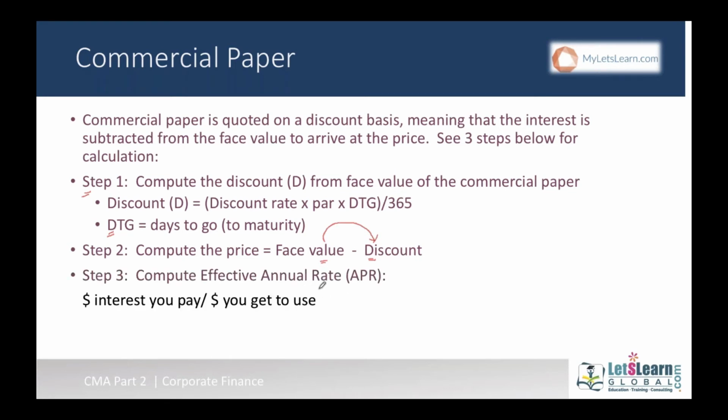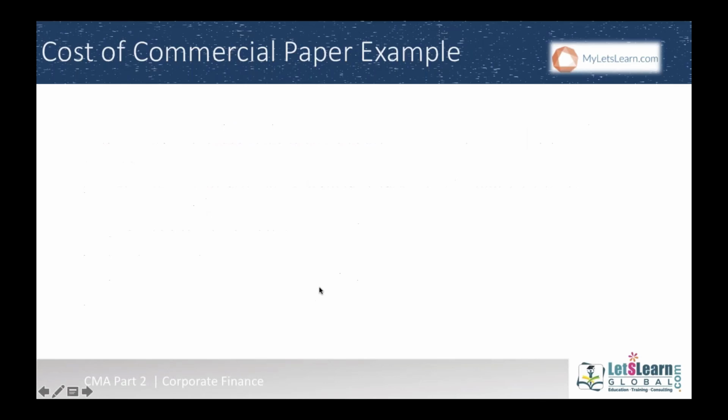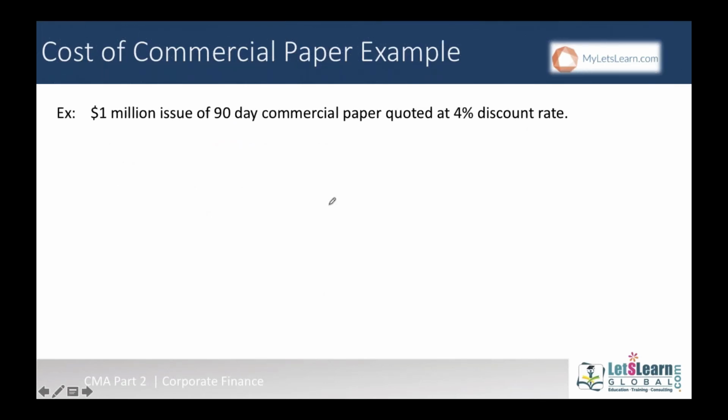Let's see this with one example. A 1 million commercial paper was issued for a period of 90 days at a discount rate of 4%. Remember, 1 million is the value of the commercial paper issued for 90 days, and the discount rate is 4%. What does it mean?